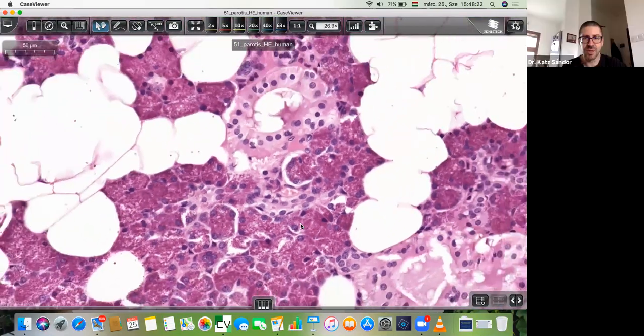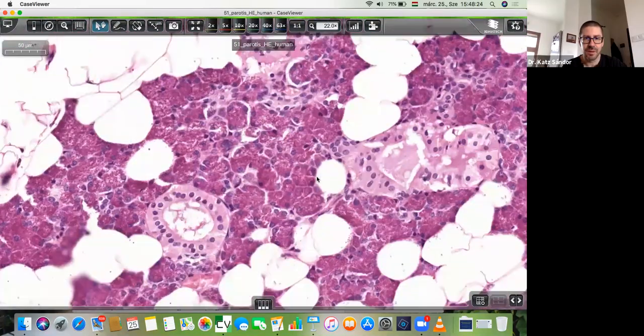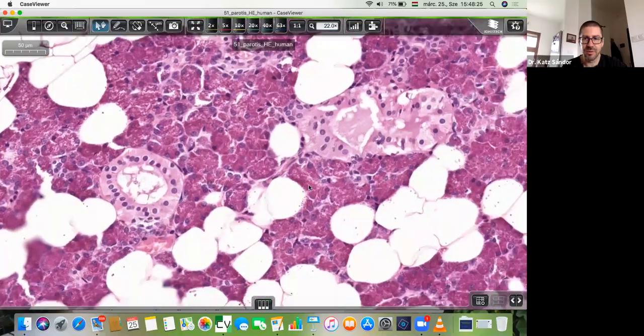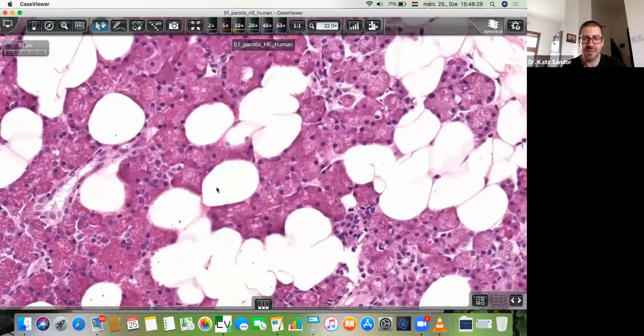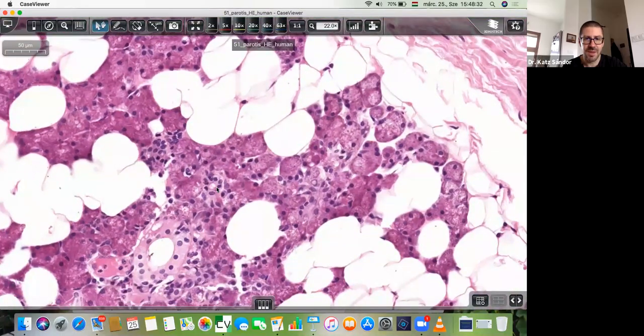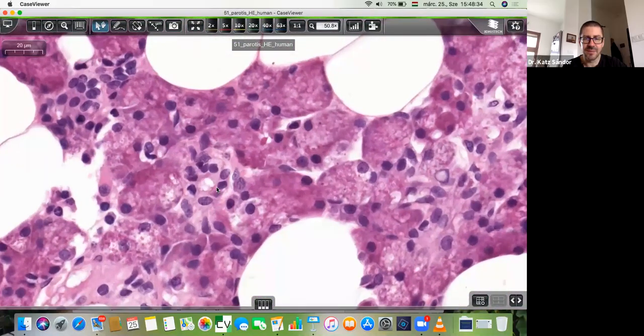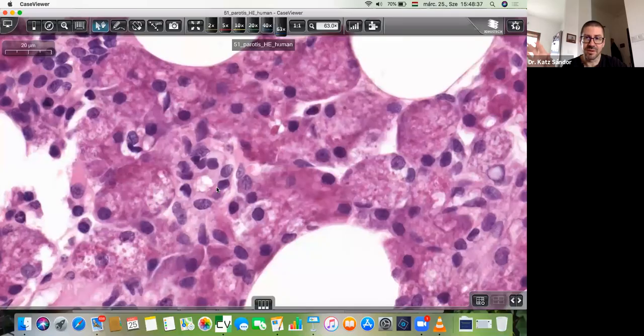I'll try to show another one. The parotid is really good for the intercalated ducts, and the submandibular too, while in the sublingual it is really difficult to find them, because the sections of it are not so nice. There are shrunken components. So look at this.